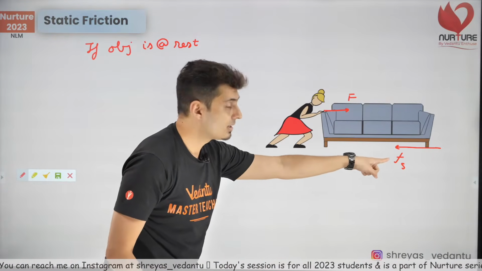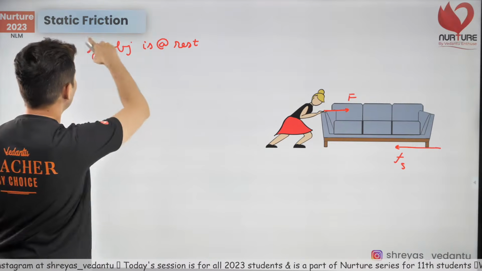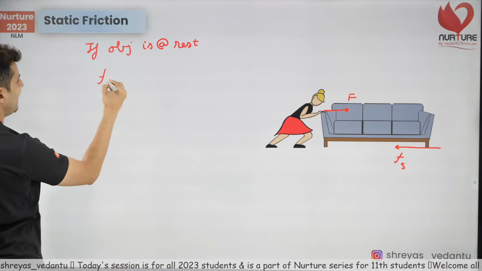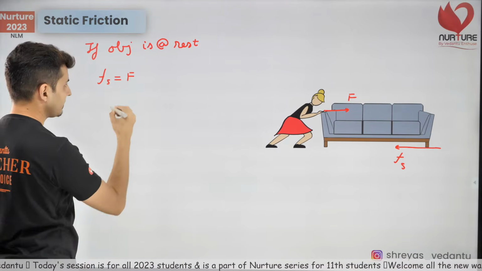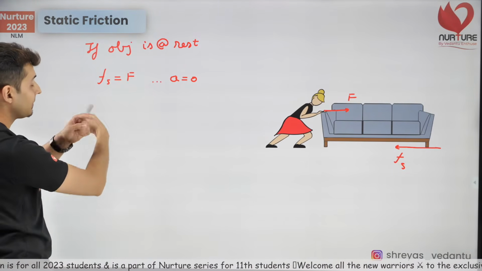What is that Fs? Static friction. Small f is for friction, s is for static. Then Fs will be equal to F because acceleration is 0. They will nullify each other.